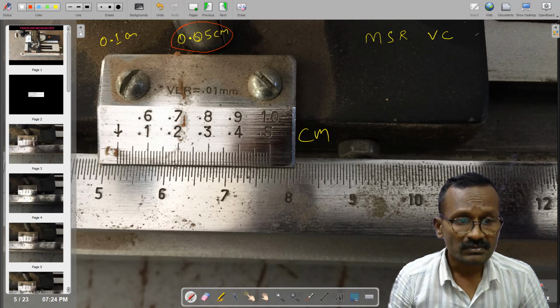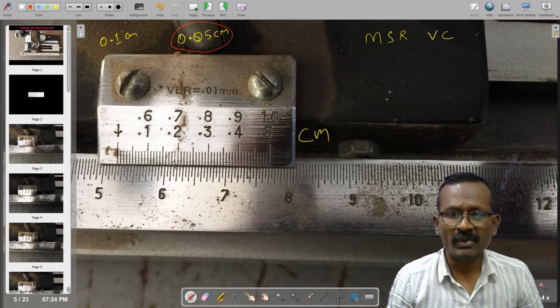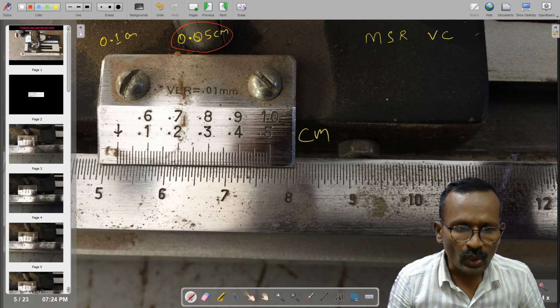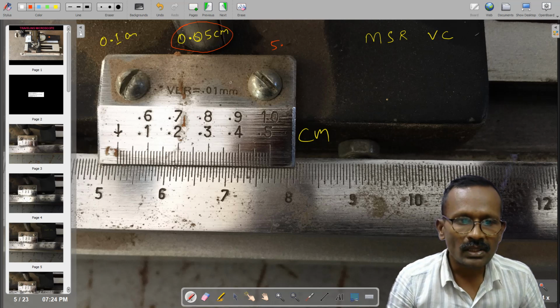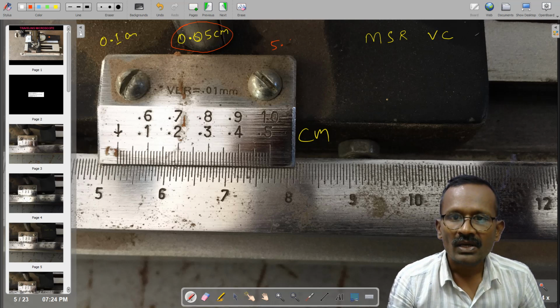Right. Now I take this reading. Now I'm going to take the main scale reading. So the arrow of the vernier scale lies between 5.1 and 5.2, in between 5.2 and 5.25.